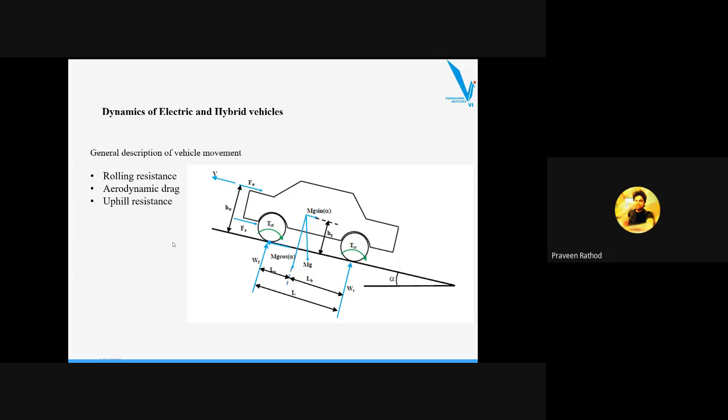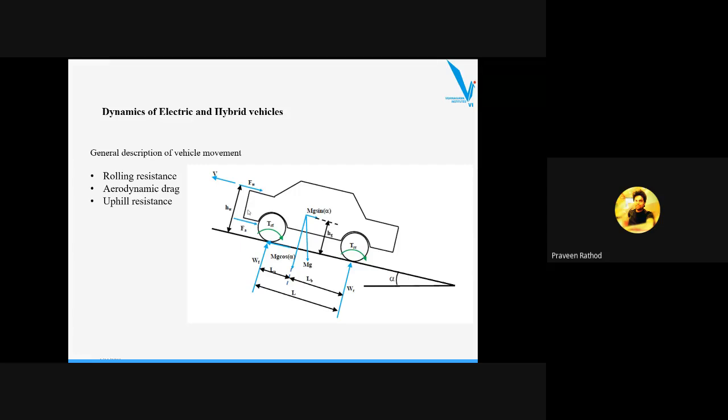So these are the general descriptions of vehicle movement. Whenever we take the general description, the vehicle motion can be completely determined by analyzing all the forces acting on it.